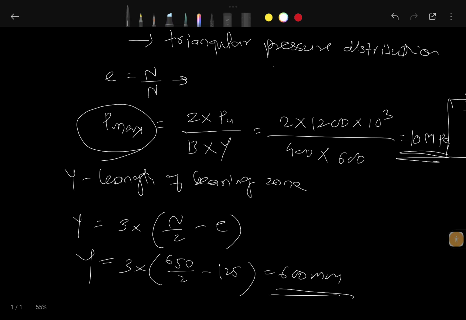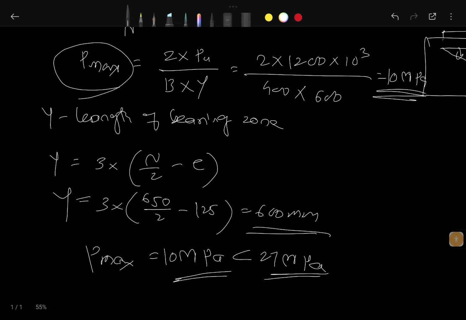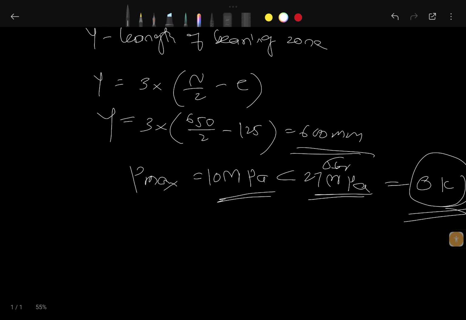Now this P max value is coming 10 megapascal and bearing stress value is coming 27. So this value is less than 27 megapascal sigma BR, so it's okay if this P max value is less than the bearing stress value.